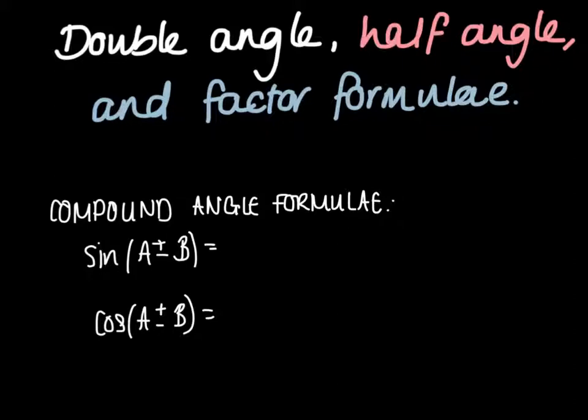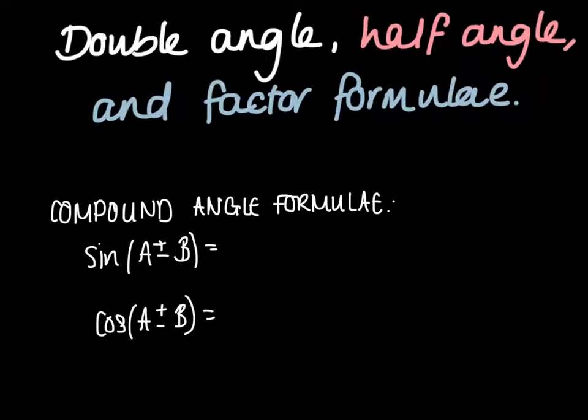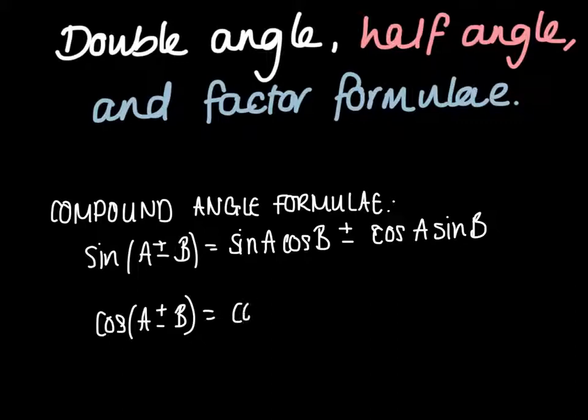So sine of a plus or minus b, if we remember, is sine a cos b, and the sign in the middle stays the same, so we can leave that as plus or minus, and then our angle stays the same but the trig function on it swaps around. And then in cos, we keep all the coses together. We're then going to switch the sign and then write an expression in sine.